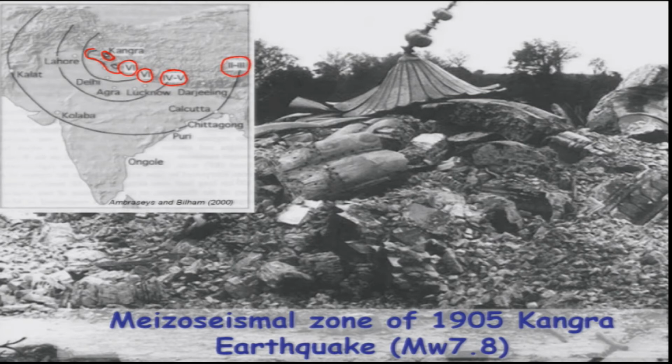Okay, so as you move away from the epicentral area, you see that the intensity reduces. That means the damage also reduces. So if you look at this, this earthquake was felt in almost half of the Indian subcontinent.